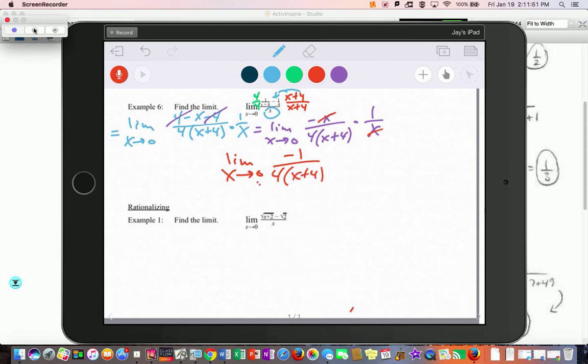So this is the first time that we can put the 0 in, and I'm left with negative 1 over 16. So not too bad once you get going, but the key is taking the x plus 4 top and bottom, this 4 top and bottom, to create the common denominator.